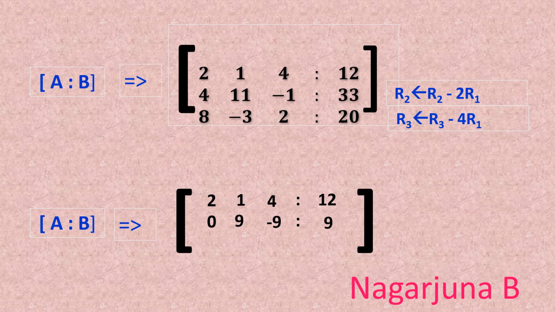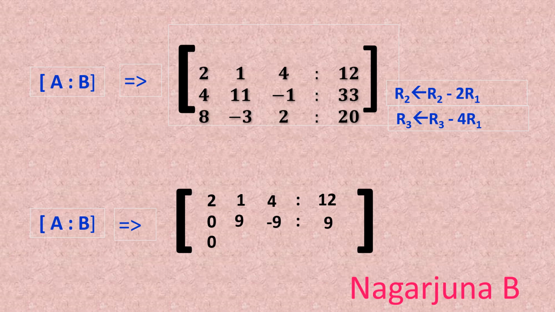So the first element of R3 is 8 minus 4 into the first element of R1, which is 2. Minus 4 into 2 is minus 8. 8 minus 8, 0. The next, the second element of R3 is minus 3 and the second element of R1 is 1. So minus 3 minus 4 into 1. Minus 4 into 1 is minus 4.